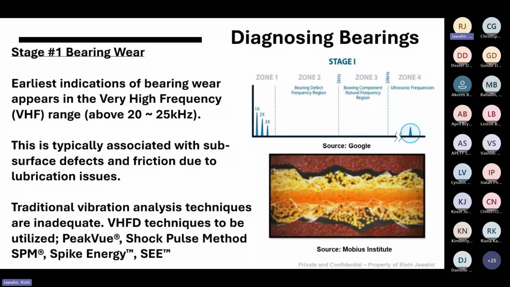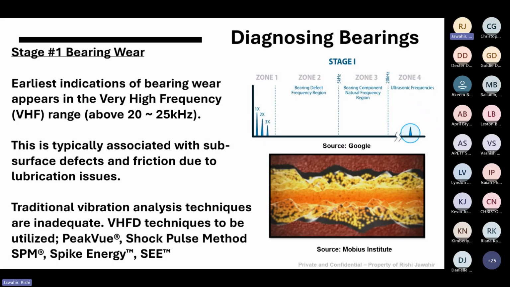Now, the first stage of bearing wear or bearing failure is very early in the failure of the bearing. This is what is known as micro vibrations, because it involves subsurface wear or wear due to degrading lubrication.